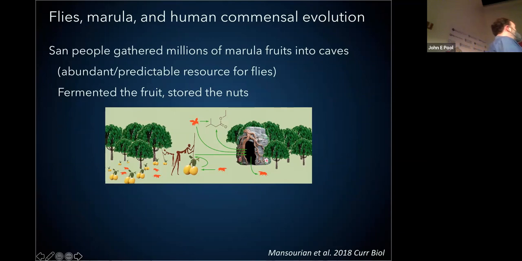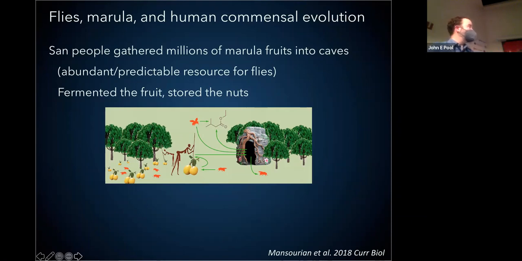I mentioned marula as a fruit that the flies are especially attracted to more than any other fruit that's ever been tested. An interesting thing about marula is that this was a very favored fruit resource of the San people, who are the original modern human inhabitants of this part of Africa before agriculturalists and pastoralists expanded their ranges.